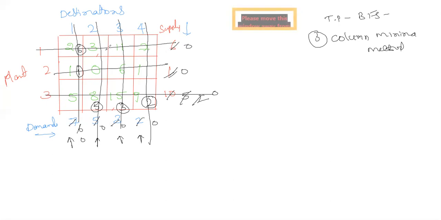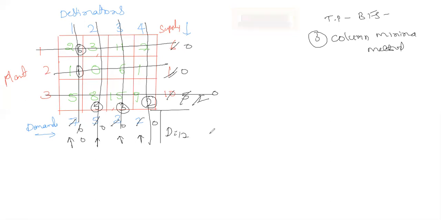The sum of the allocations in a particular row or column should not exceed the respective supply or demand. So the sum of the allocations should be equal to the demand. Similarly, the sum of the allocations given to different destinations from the first plant should not exceed 6, like that.